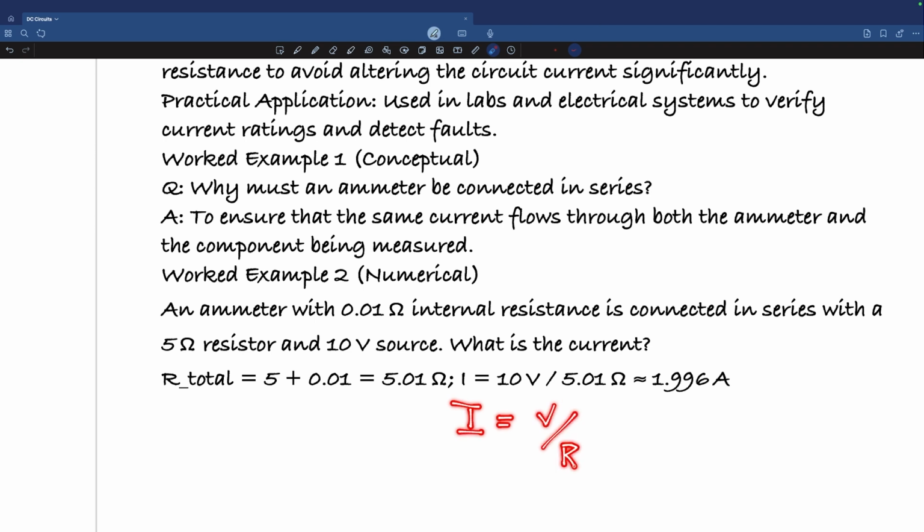Total resistance in this case, or equivalent resistance, whatever you call it, and you get 1.996 ampere. So that means the introduction of the ammeter only changed the current from 2 ampere to 1.996. Notice that? Because if this instrument was not there, then the current would have been 2 ampere, 10 divided by 5.